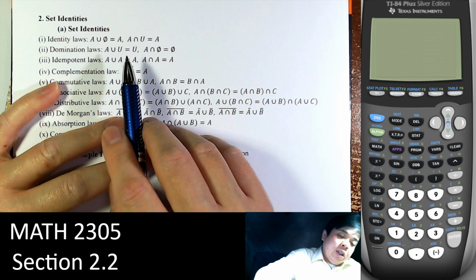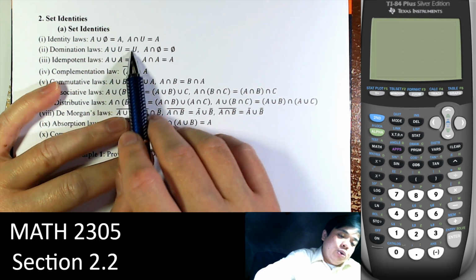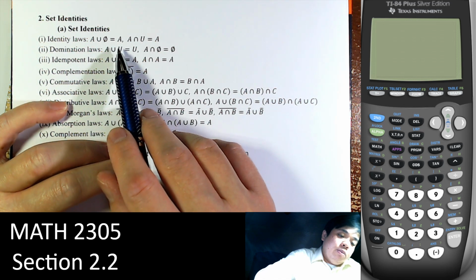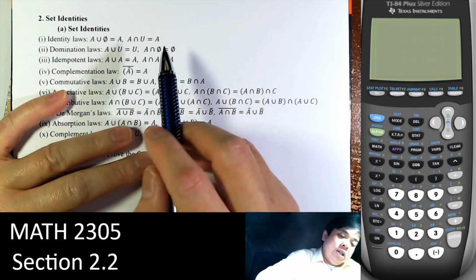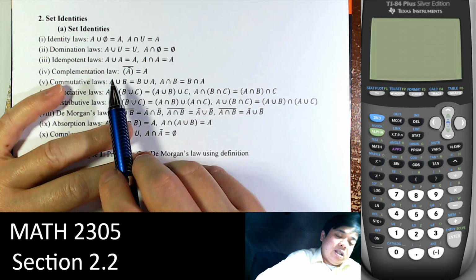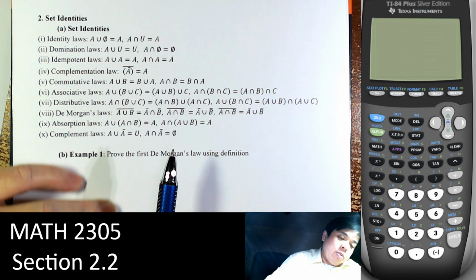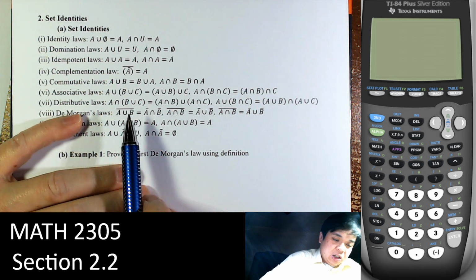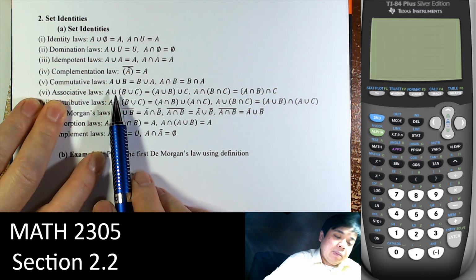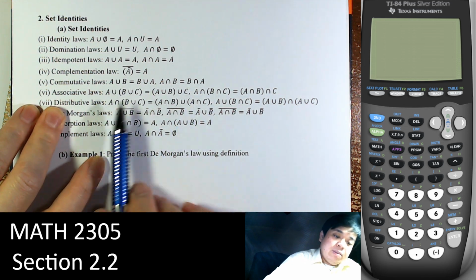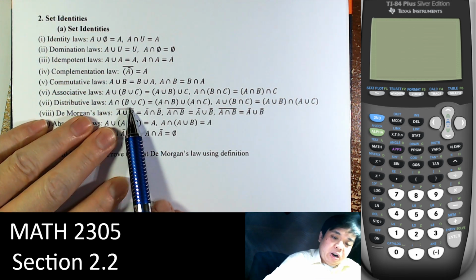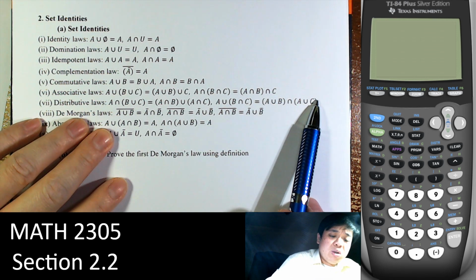The domination law: the union of the universal set and A is going to be U, and the intersection with an empty set is the empty set. Of course, there are other properties. I just want you to pay attention to the complement of the complement of A, which is A, so that's easy. Commutative law, associative law, those are easy. The distributive law, I have that also.